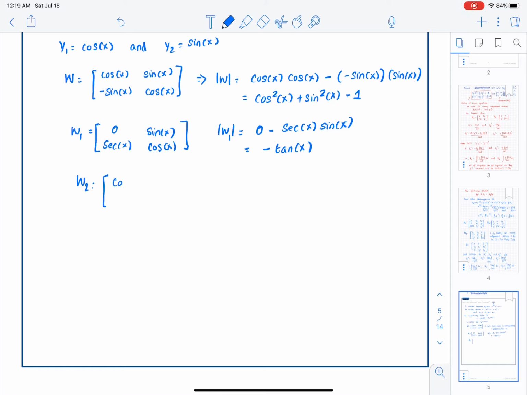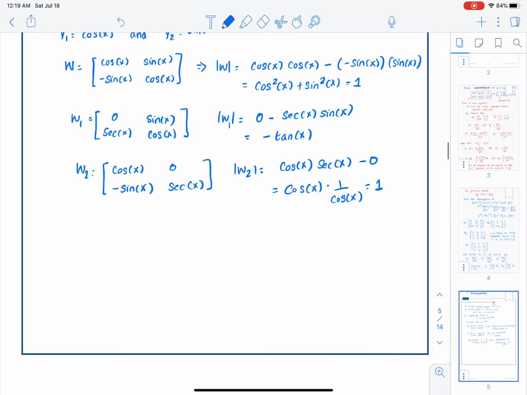And here we'd have cosine x, minus sine x, 0, secant x. The determinant of w2 would simply be cosine x times secant x minus 0, which would simply be cosine x times 1 over cosine x, which is simply 1. That was easy.